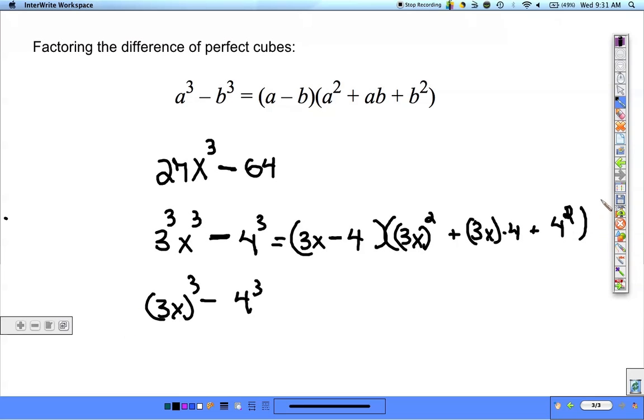And just to get everything nice and cleaned up for us, we'll go through and simplify everything that needs to be simplified.